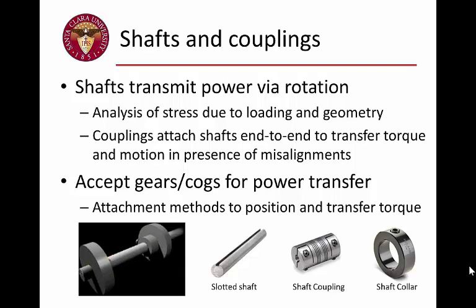As we place various devices along the shaft, we need to somehow attach them, and so there are various other devices that interact with the shaft, like shaft collars, in order to place certain devices laterally along the shaft, like wheels or cogs.